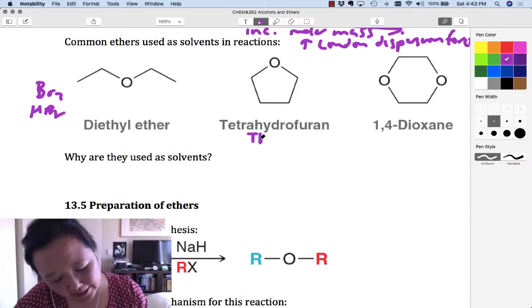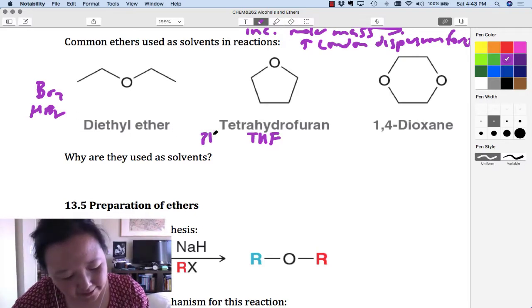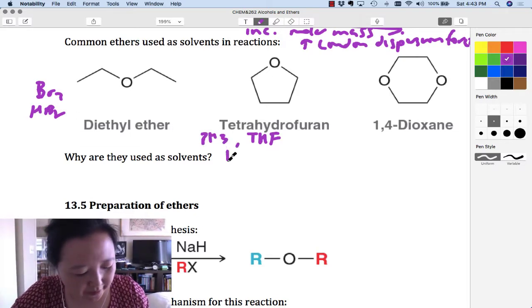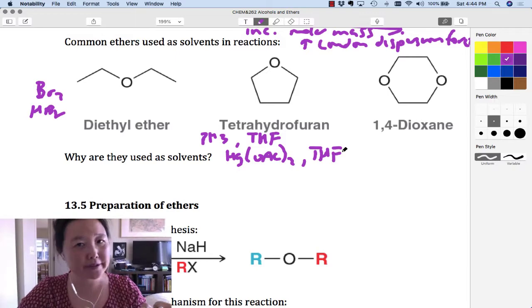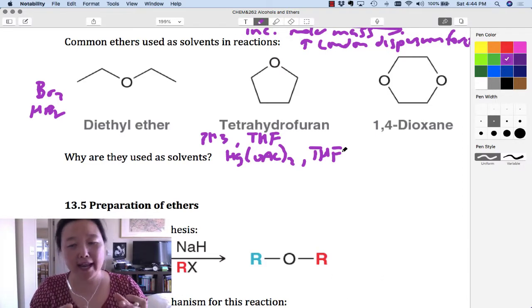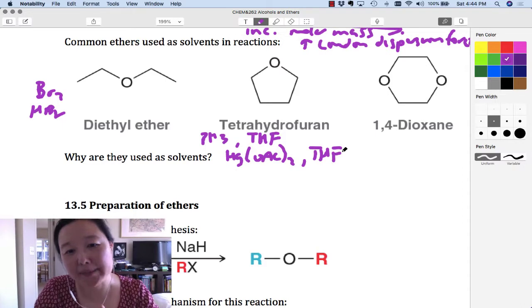Tetrahydrofuran is THF. We've seen that solvent in BH3 THF hydroboration, or even oxymercuration. We've seen this reagent used as a kind of polar solvent; it's intermediately polar. It's very good at dissolving things that are polar and nonpolar all at the same time. So it's very critical to have a solvent like that.